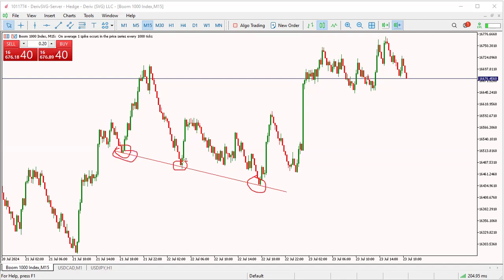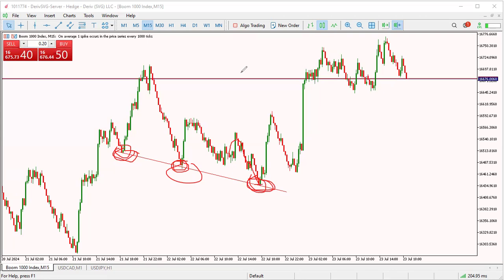This was the first touch, second touch, third touch, like 1, 2, 3. When the price was here, you would be waiting for a third touch of this support level. The moment it lands on that support level, what do you do? What did I say?